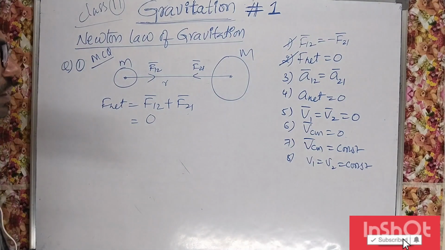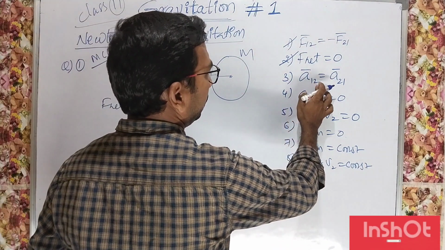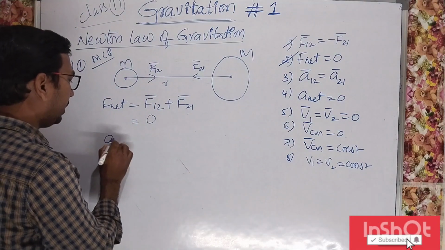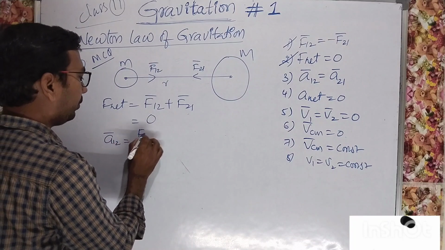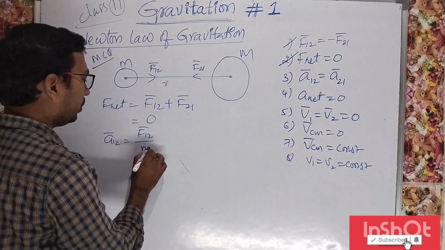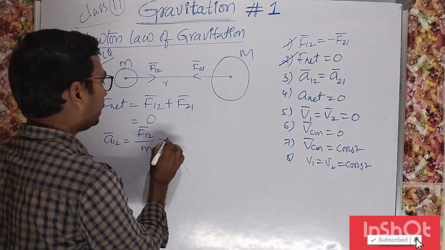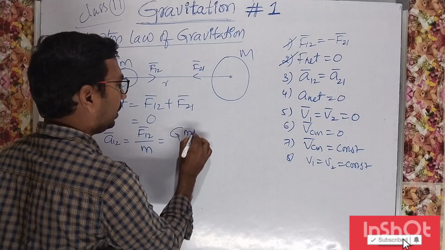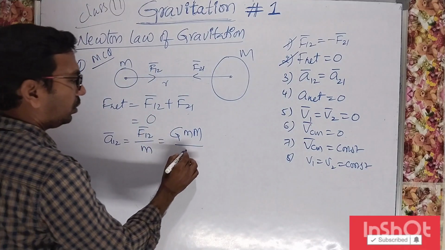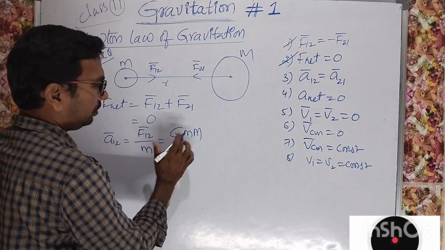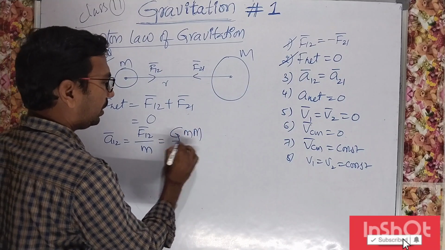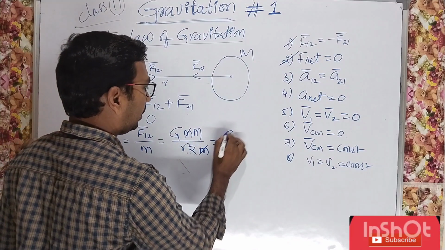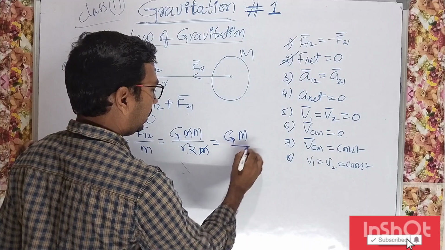Third one, what is the acceleration of 1 due to 2 and of 2 due to 1? A12 bar is equal to F12 bar by this mass, small m. F12 bar is capital G, small m, capital M by R square. So the small m cancels, and you will get A12 equal to capital G, capital M by R square.